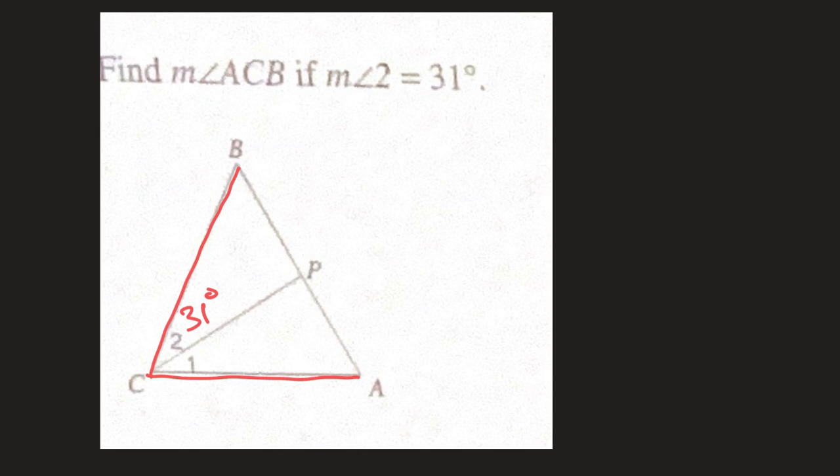And again, they have told you in the directions that you've got a bisected angle here. So if angle 2 is 31, what's the measure of angle 1? 31, which then makes the big angle 62 degrees. Okay?